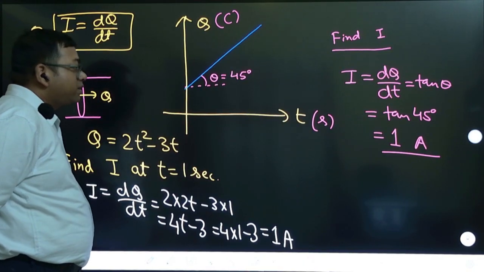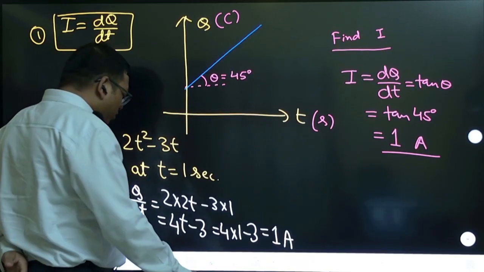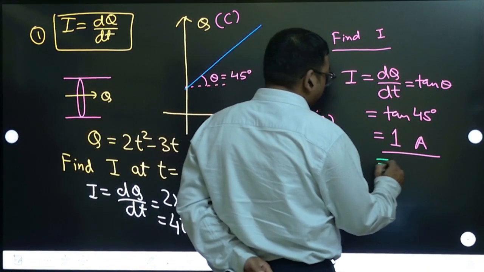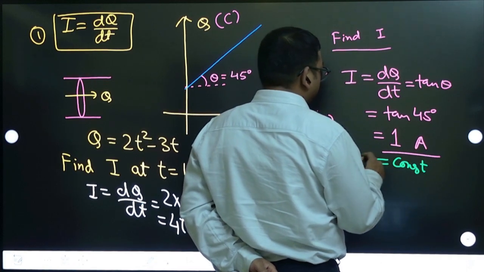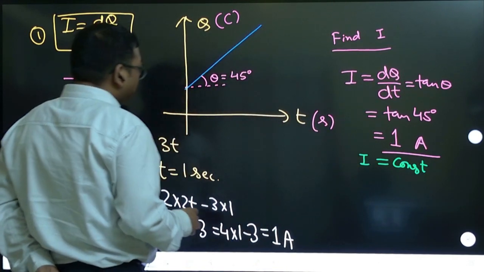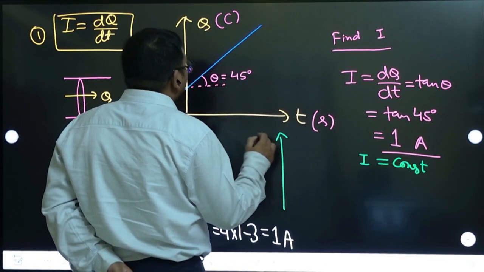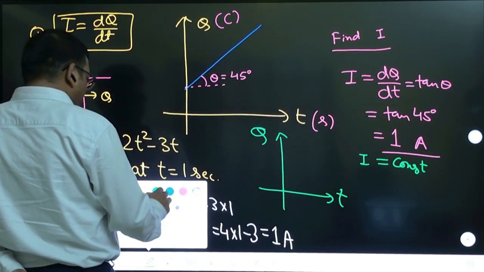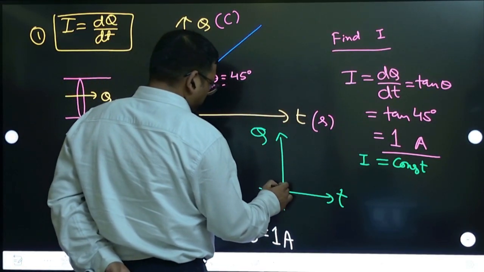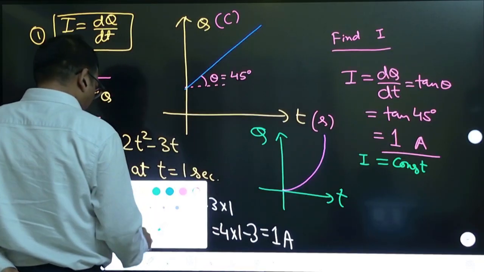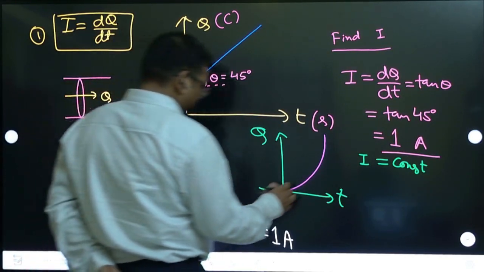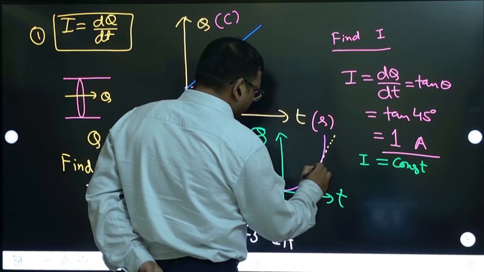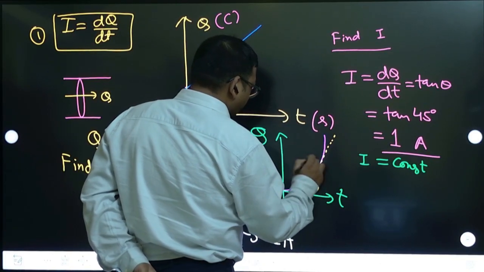Of course here it's a straight line, so current is going to be constant because slope is constant, so current is constant. But sometimes the graph is different, like a q versus t graph that is non-linear. Then the slope is different at different places. Suppose you take this point, the tangent here will make some angle theta.